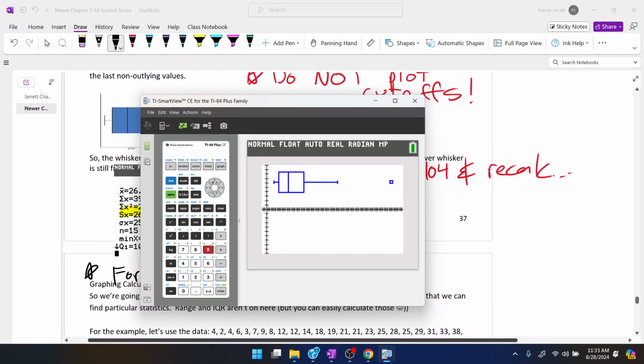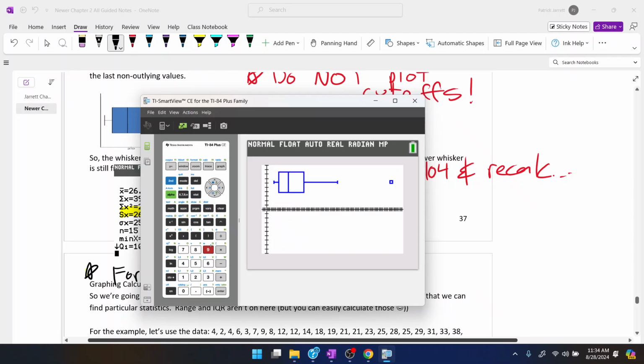So what you'd have to do, zoom 9. Now, if you've taken pre-calc and used the calculator, what gets you back to a standard viewing window on the graph? Zoom and 6. Zoom 6 is a standard view. You don't really have to worry so much about that.